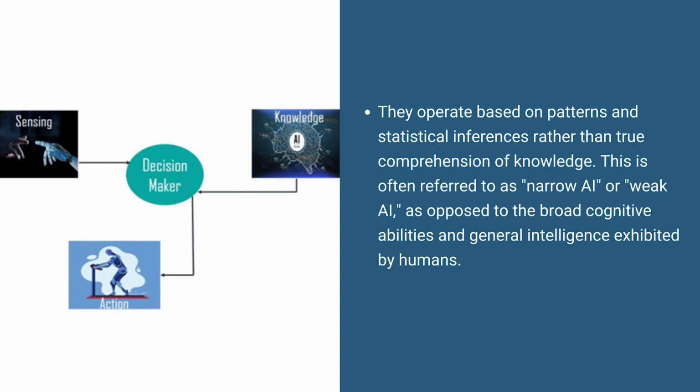This is often referred to as narrow AI or weak AI, as opposed to the broad cognitive abilities and general intelligence represented by humans. Nonetheless, advancements in AI and machine learning continue to bridge the gap and lead to more sophisticated applications in various domains.